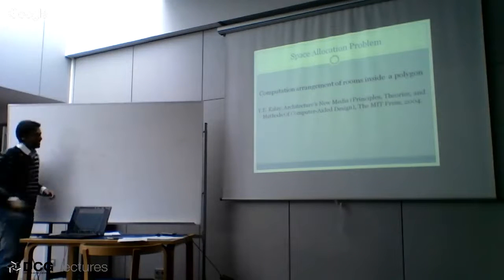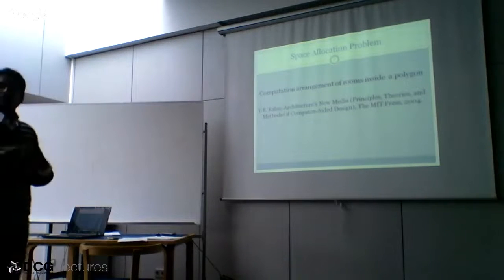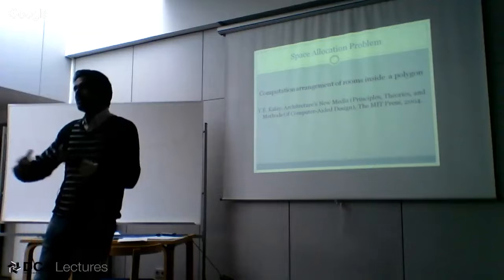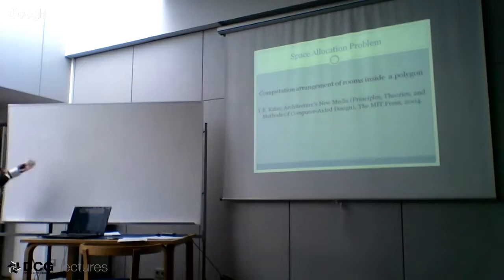And then you have to fit them inside this polygon. So first thing is, is it possible to fit them or not? If it is possible to fit them, then you should have the minimum waste space or voids or gaps, and this kind of problem. So they call it a space allocation problem.